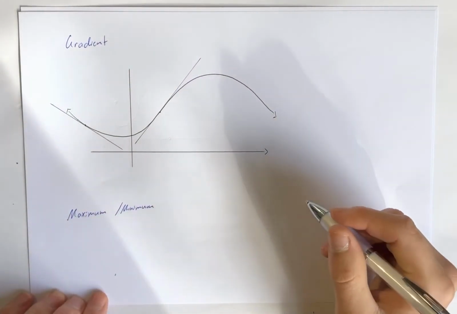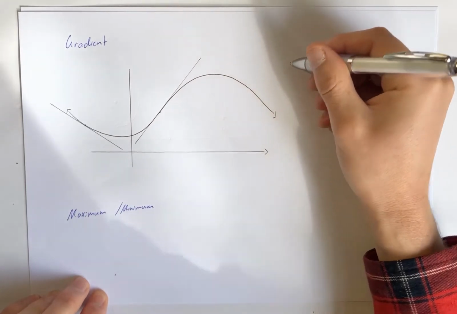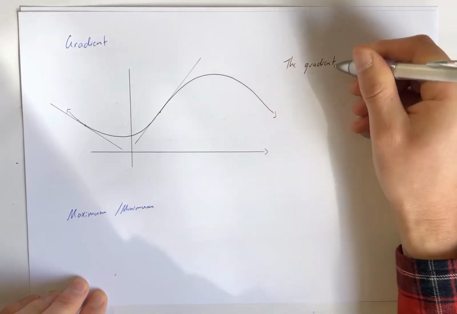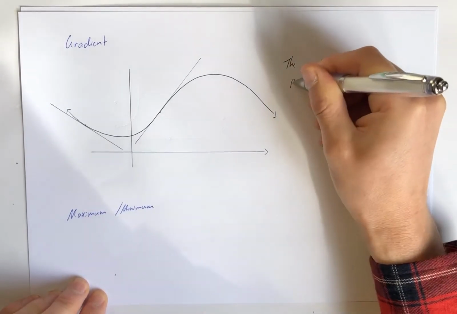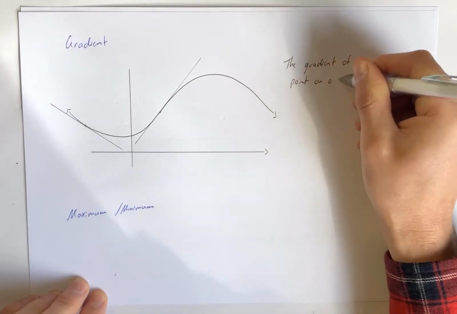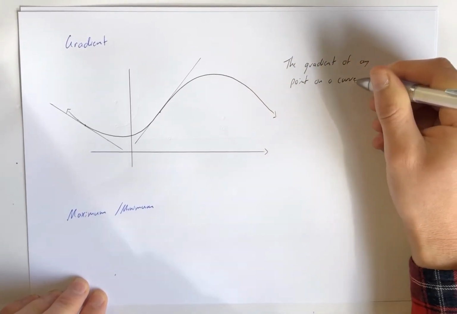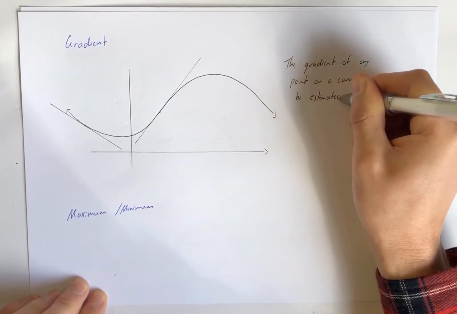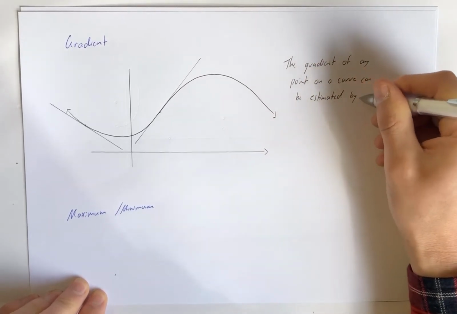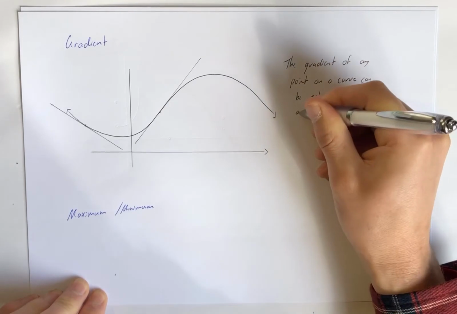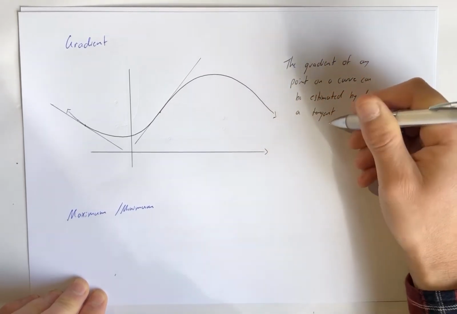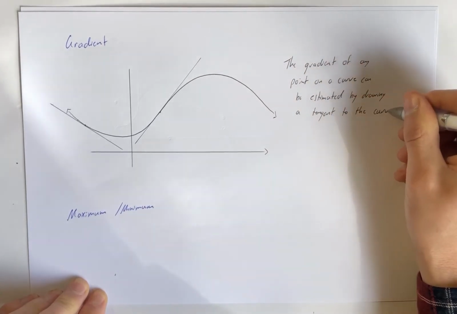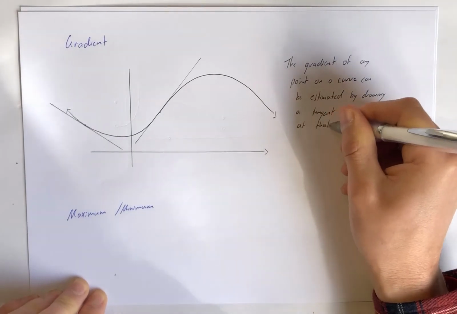So let's define this. The gradient of any point on a curve can be estimated by drawing a tangent to the curve at that point.